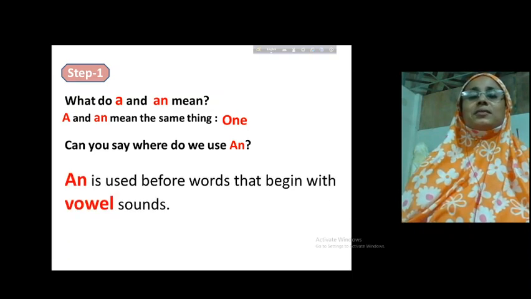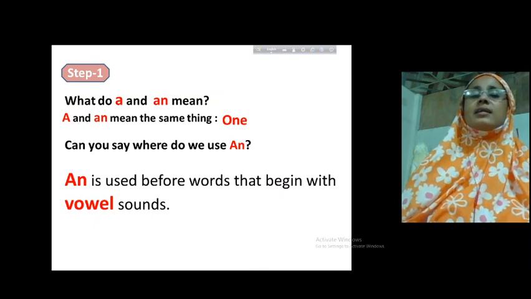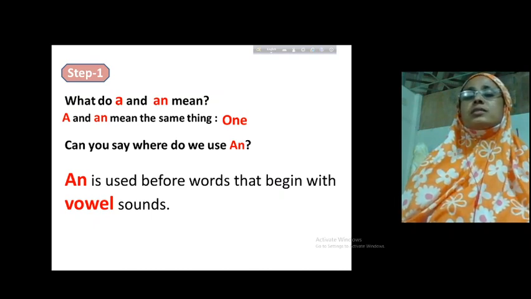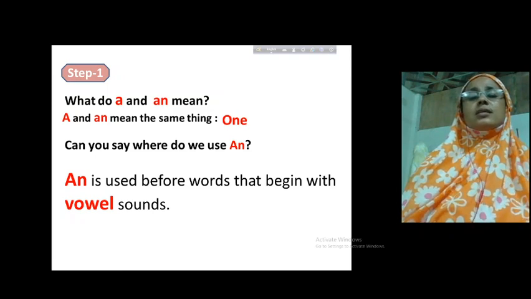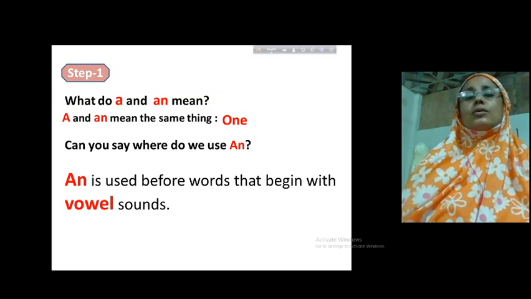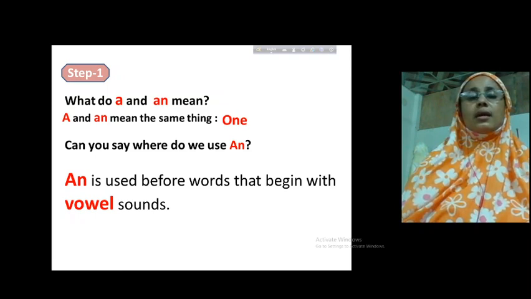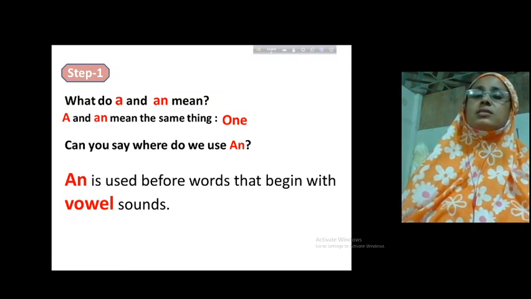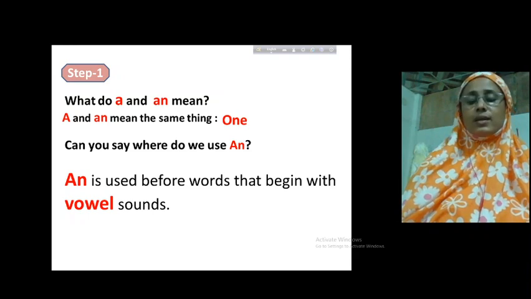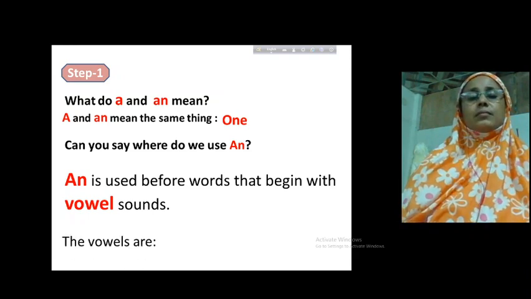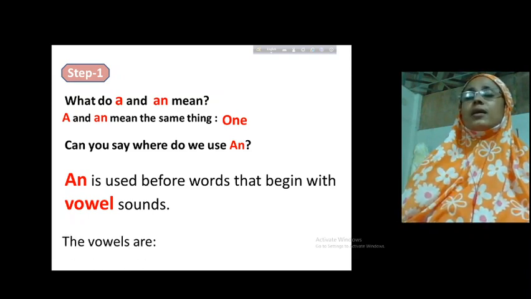Can you say where we use an? Certainly you know. Or let's check. An is used before words that begin with vowel sounds. Very good. The vowels are, can you pronounce?